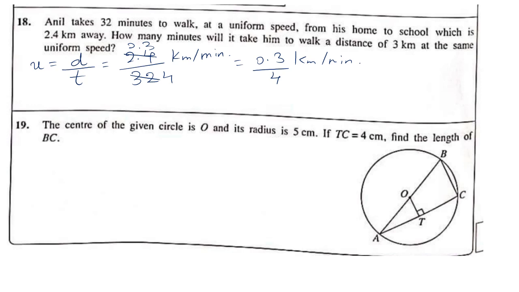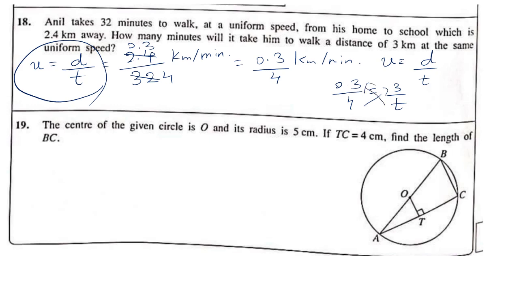Then you can apply the same formula for the second time. U is equal to d divided by t, that is 0.3 divided by 4 is equal to 3 divided by t. Then you can do this cross multiplication and get t is equal to 3 into 4 divided by 0.3.